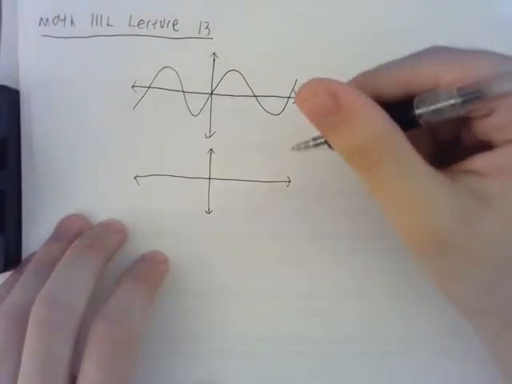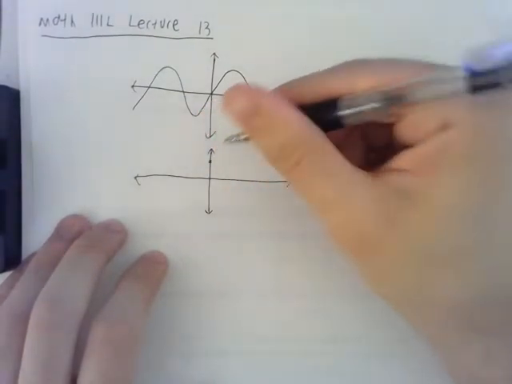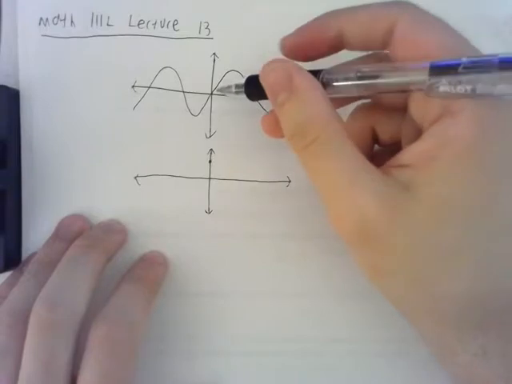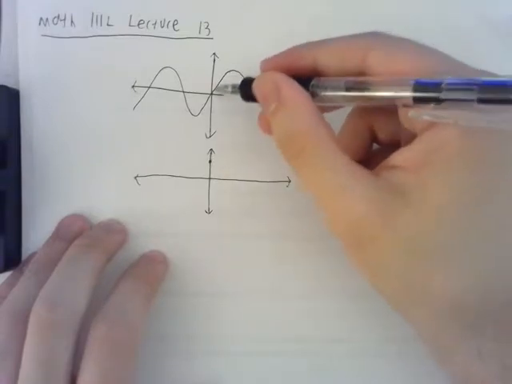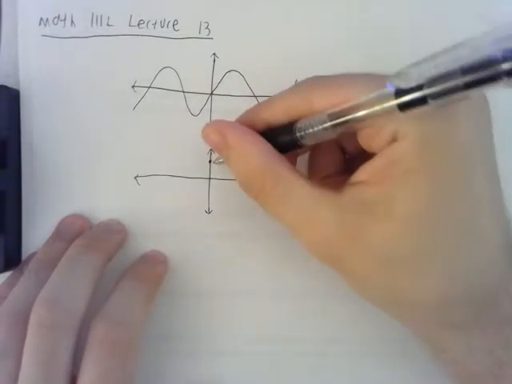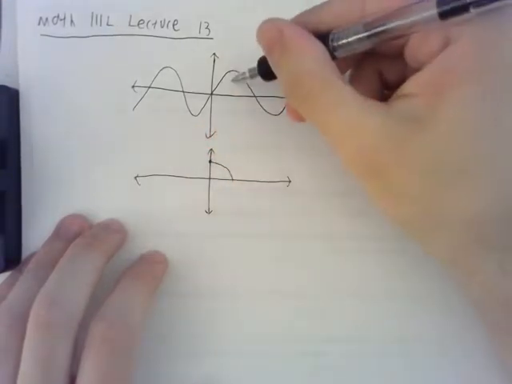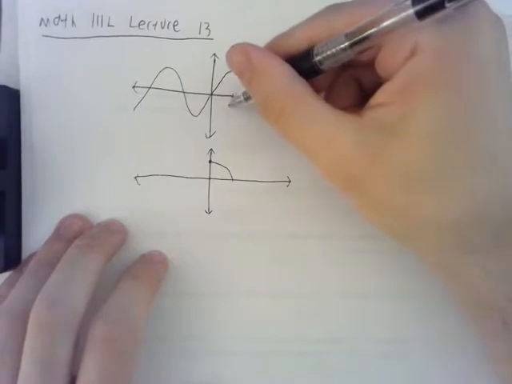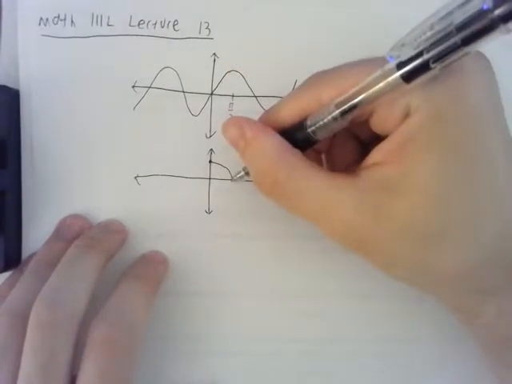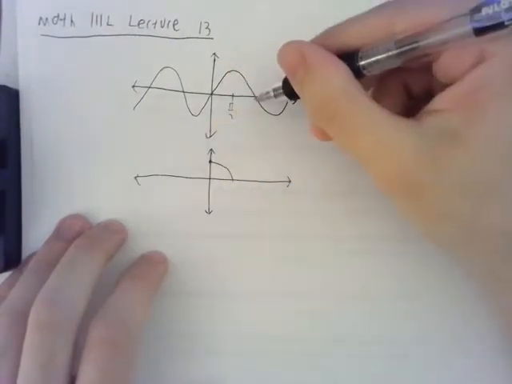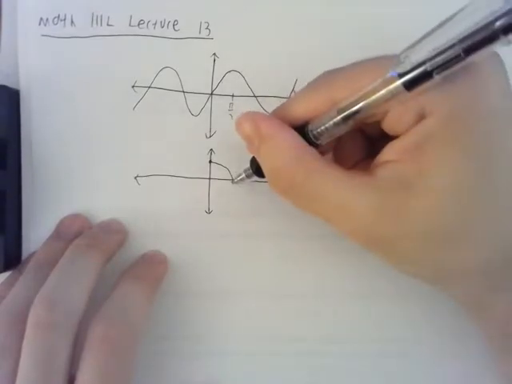So we see that it's going to start at some point, and then here where the slope is positive, the derivative should be positive. But then where sine has this horizontal tangent at pi over 2, the derivative should hit 0. Then after that, the function is decreasing.